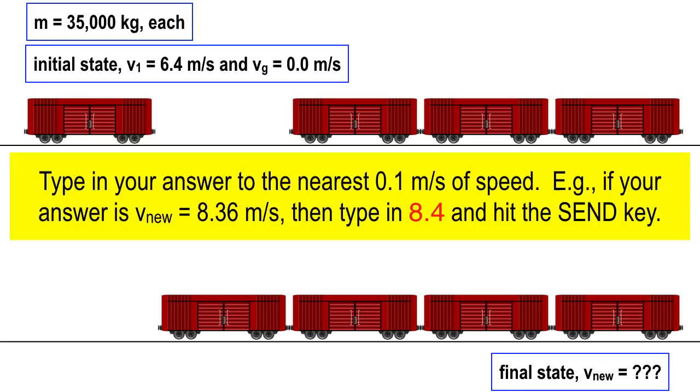The calculation is to find V subscript nu, same 4 boxcars, but now the initial speed of V1 is a little bit faster, 6.4 meters per second. I'll give you a few minutes to do that.